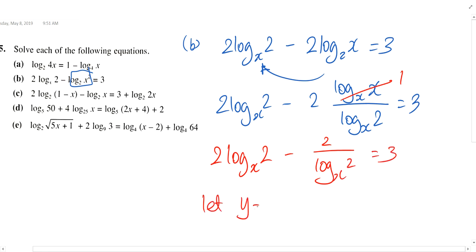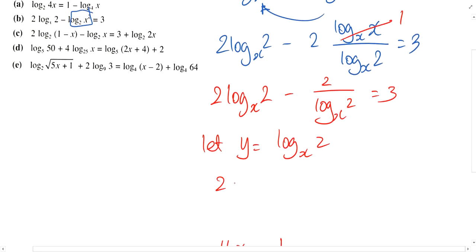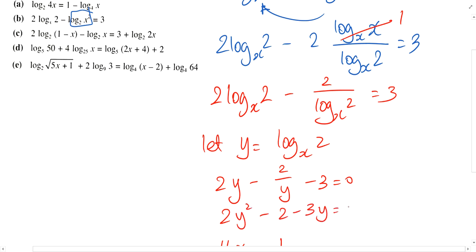Let y equals to log base x 2. Then now you will end up with 2y minus 2 over y minus 3 equals to 0, so 2y squared minus 2 minus 3y equals to 0.